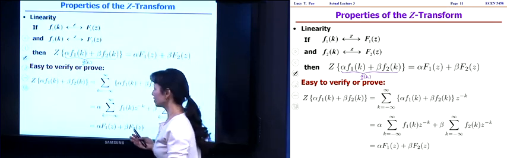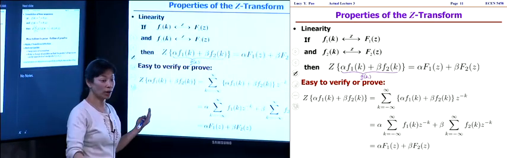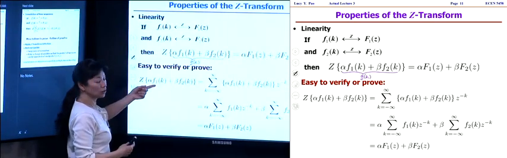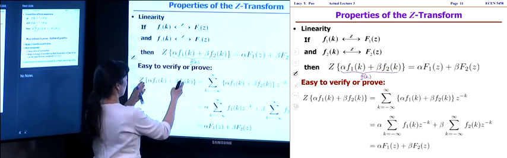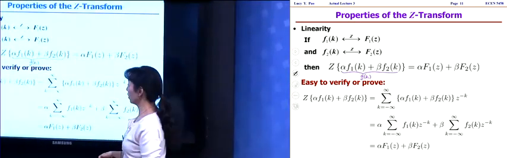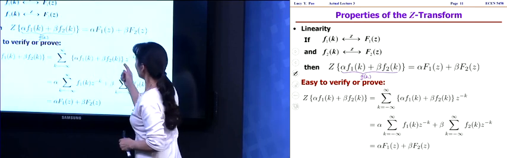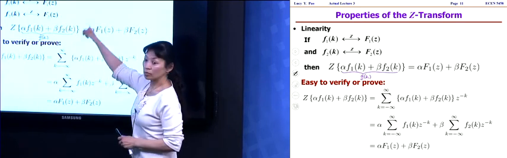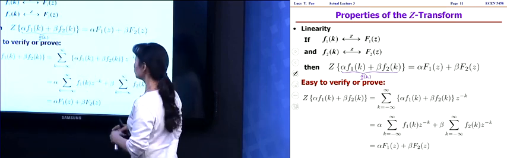This is fairly easy to prove, and it's the same process you would apply to prove any property. You invoke the definition of the Z transform. We want the Z transform of g of k, so you put that time domain sequence, g of k, times z to the minus k, summed over all k. Then you do algebraic manipulations.